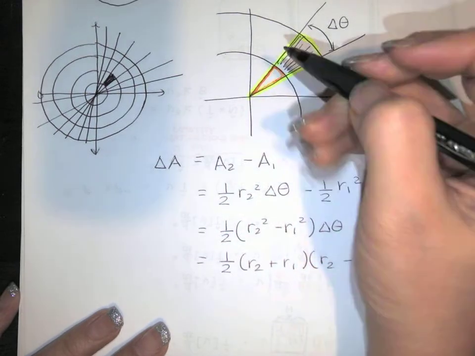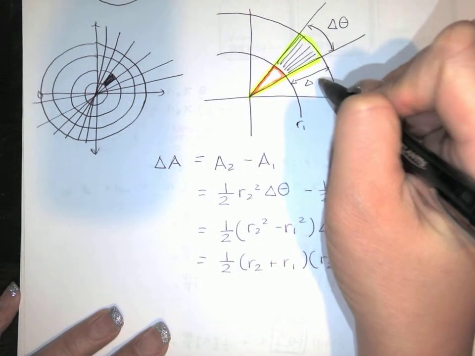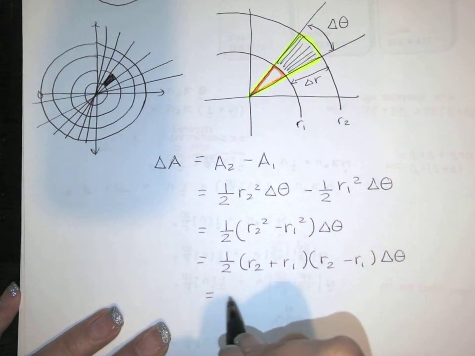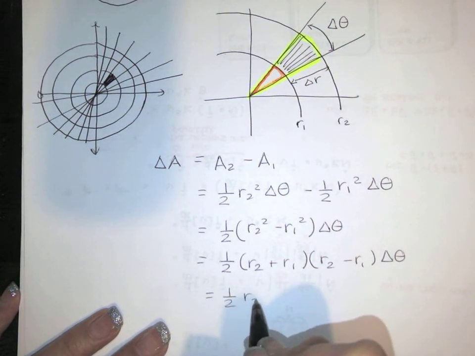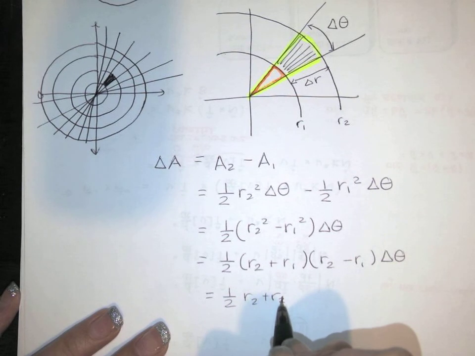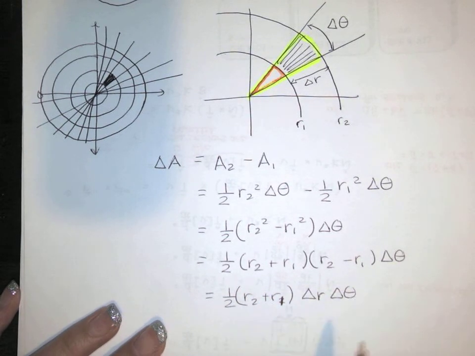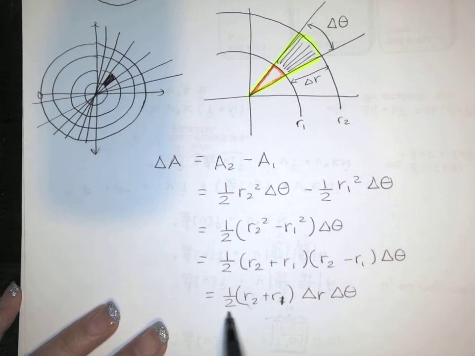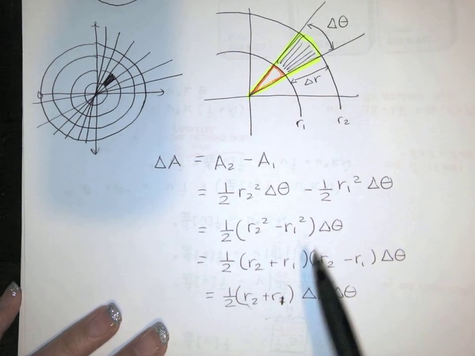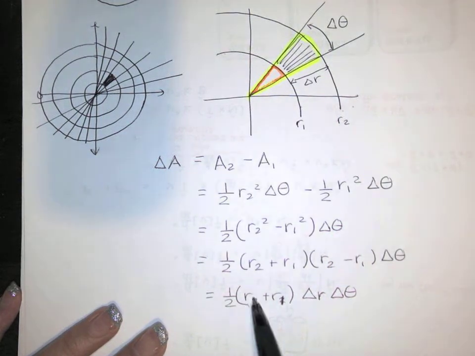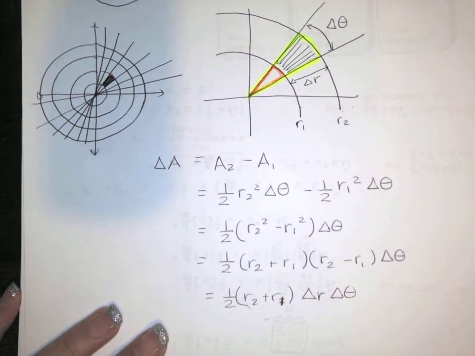And r sub 2 minus r sub 1, we might call that delta r. So now you're saying to yourself, what is this? Well, it's the average. It's this r value plus this r value divided by 2. It's the average of those two r values.